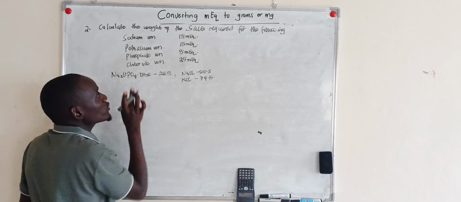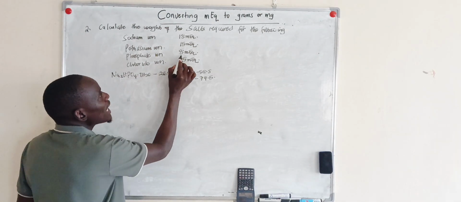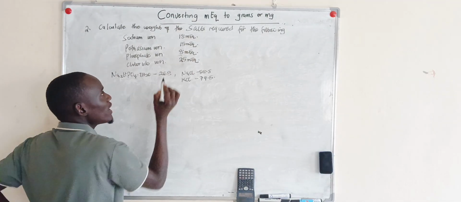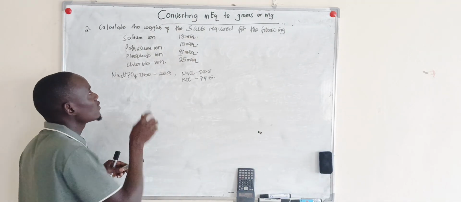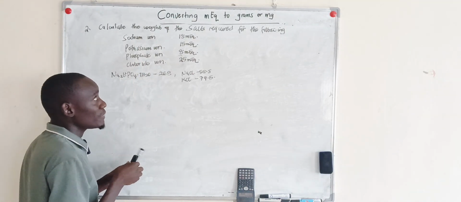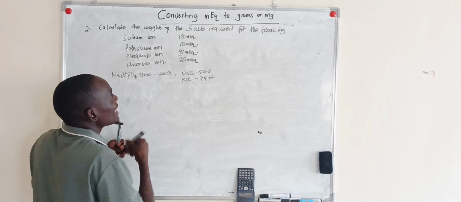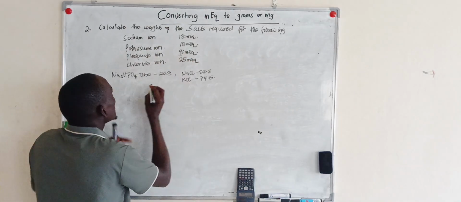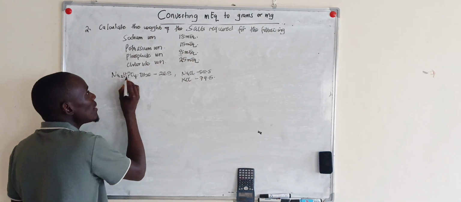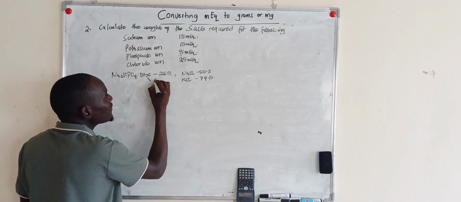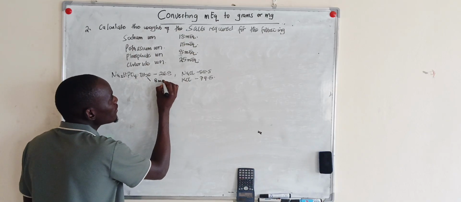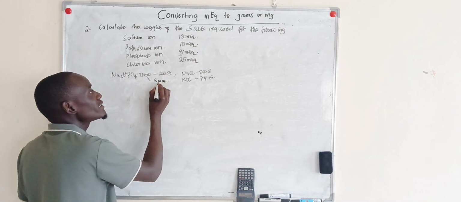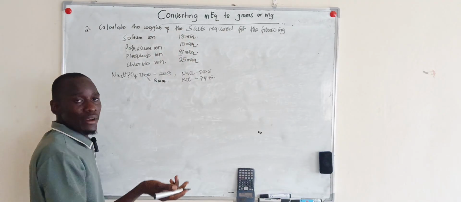But what determines that? You look at the number of milliequivalents that we have for the phosphate ion. Since this one is 8, it means that disodium hydrogen phosphate has 8 milliequivalents. So that means the remaining will be for the sodium ion.